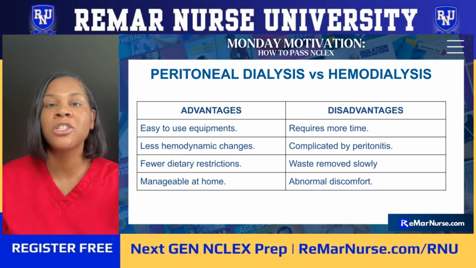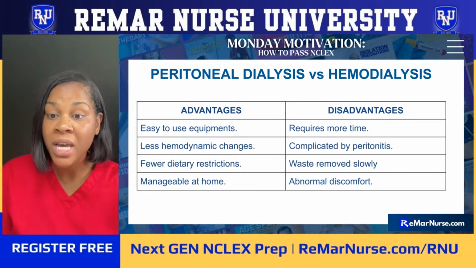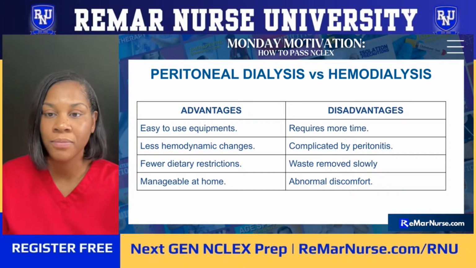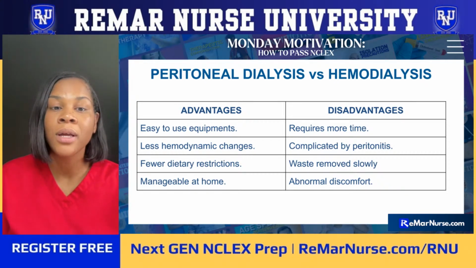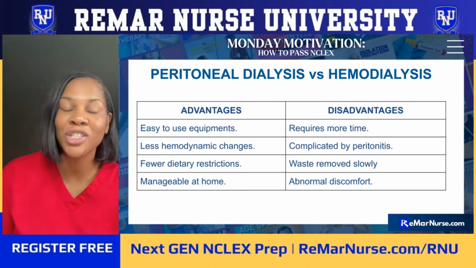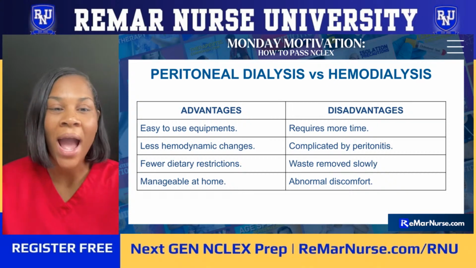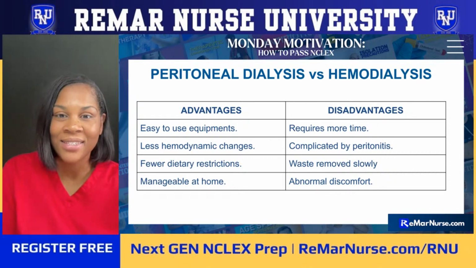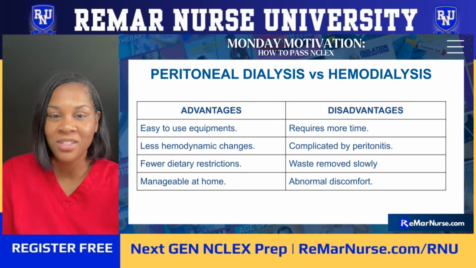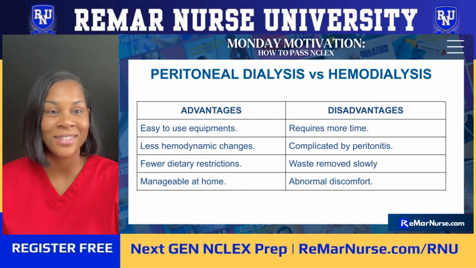And so the patients rarely have issues where they're having hypotension after the procedure. They're not feeling well. Okay. There are also fewer dietary restrictions. Why would that be? Why would a patient on peritoneal dialysis have fewer restrictions, can eat more of what they want than a patient on hemodialysis?